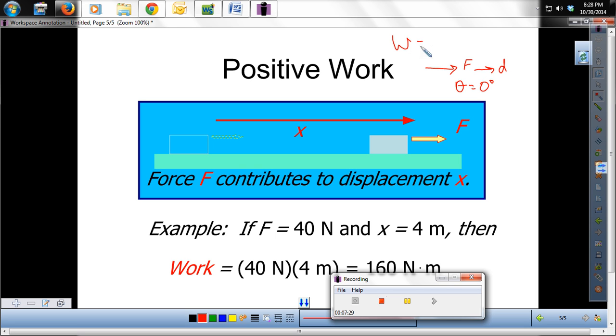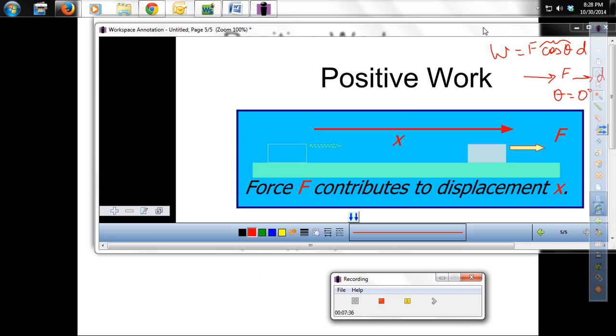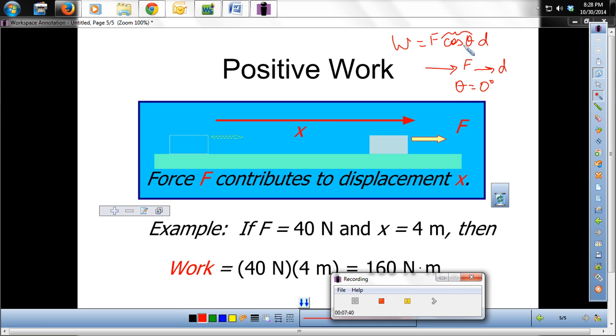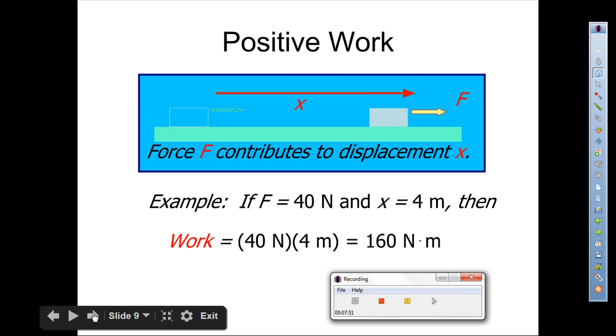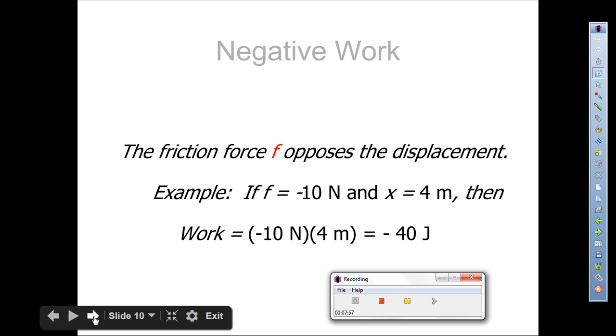So if work equals F cosine theta D, that's going to be 1. That's going to be 1, so I have positive work. Okay, so take some time and fill that out. Now let's go on to the next one. So the work done is 160 newton meters, or 160 joules.